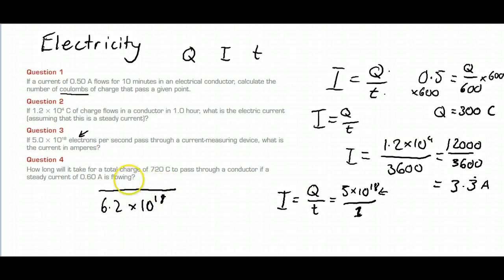And we've got 5 times 10 to the 18 elementary charges. So we've got this fraction of 1 coulomb. So these two things will cancel out. All we've got to do is do 5 divided by 6.2, and that's how many coulombs we'll have.